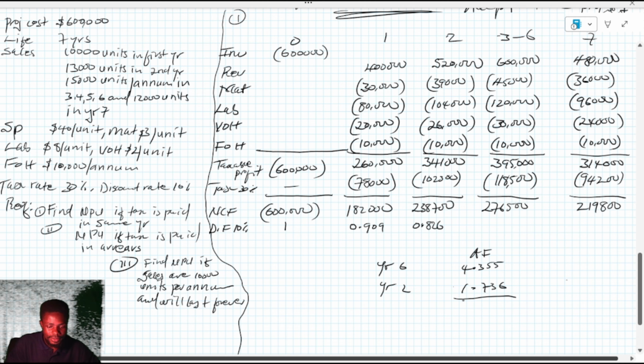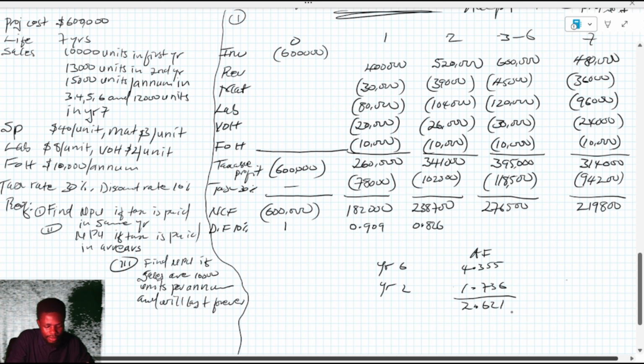Now you can get the remaining. So when you calculate the remaining, 4.355 minus 1.736, what will that give you?